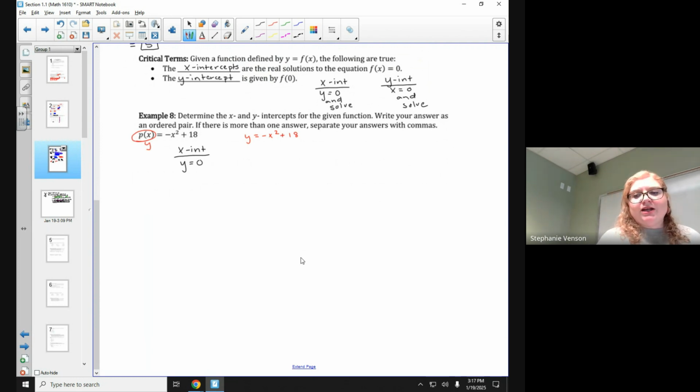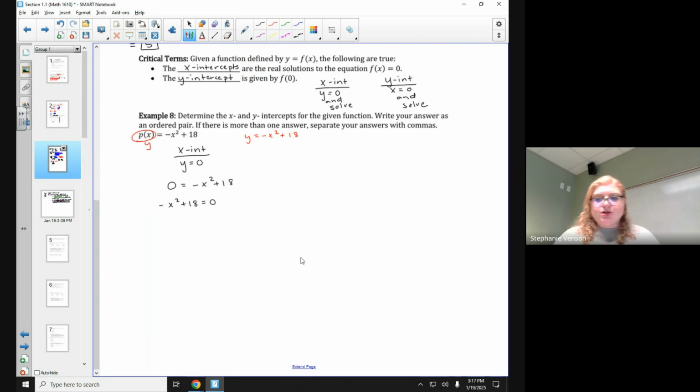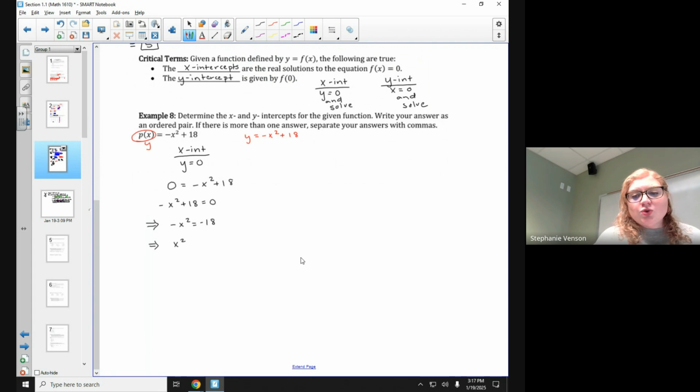So what we actually want to write is 0 equals negative x squared plus 18, which is the same thing as negative x squared plus 18 equals 0. Now we're going to solve it out. Subtract 18 from both sides to get negative x squared equals negative 18. Divide both sides by negative 1. x squared equals 18.